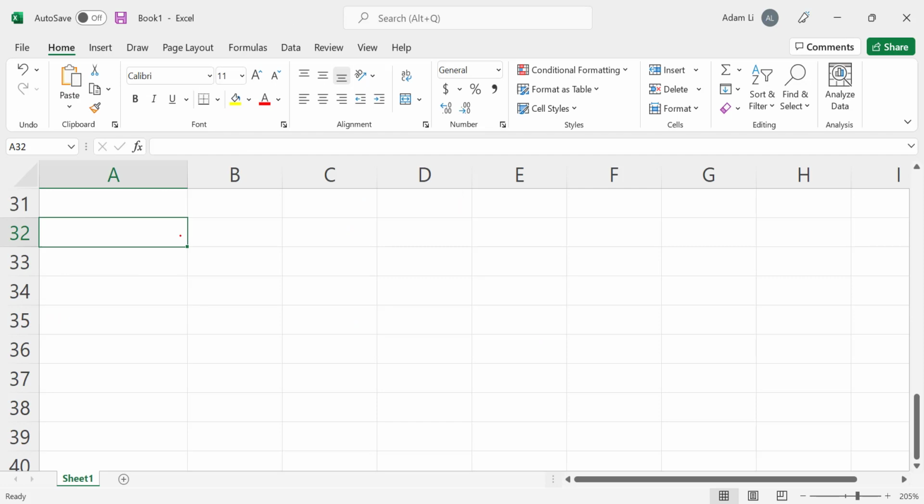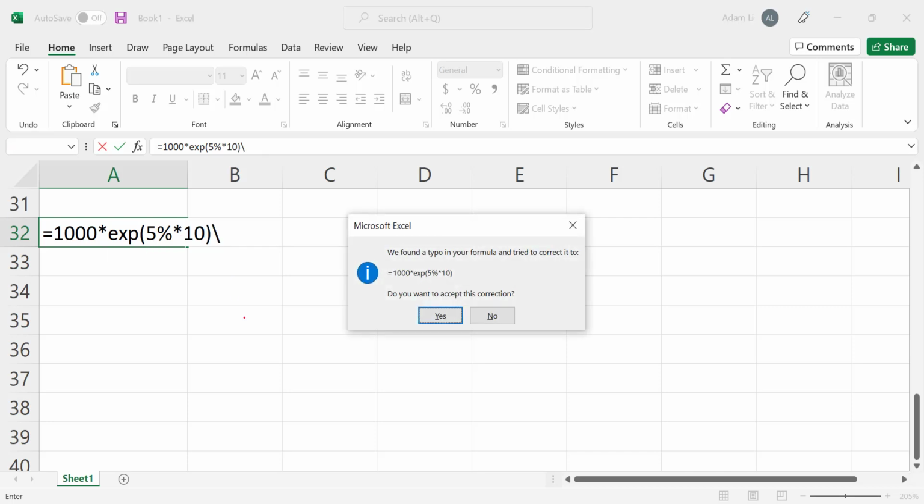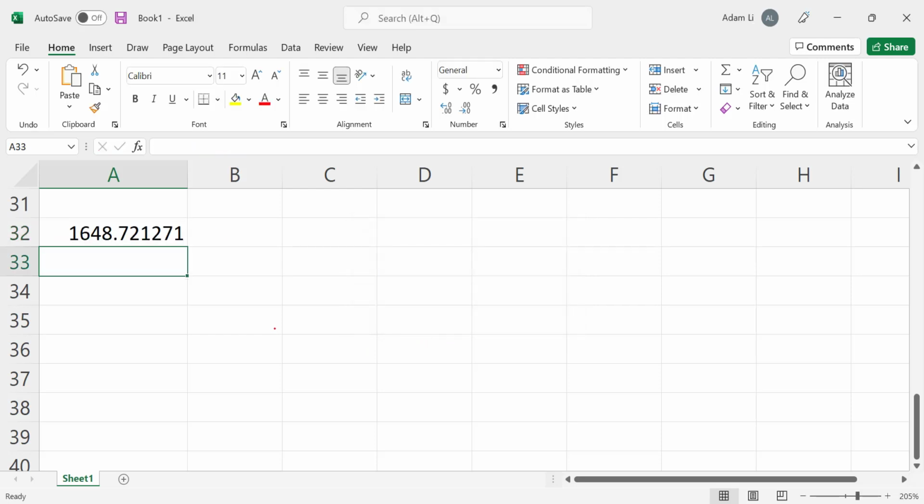So 1,000 times EXP, open parentheses, 5% times 10 years. And that should give us a result. Let's see what it is.